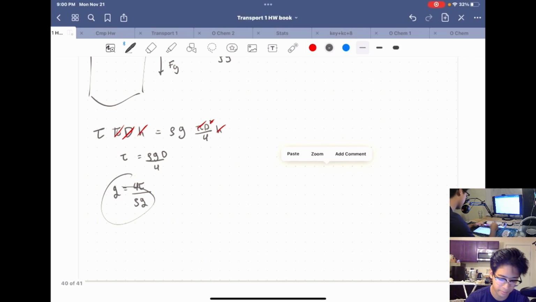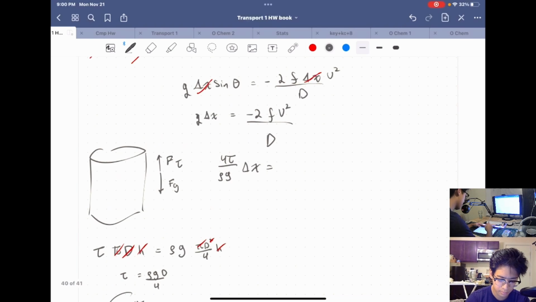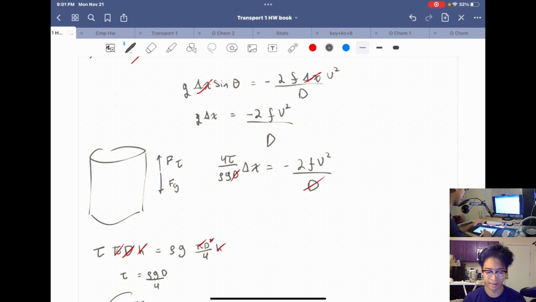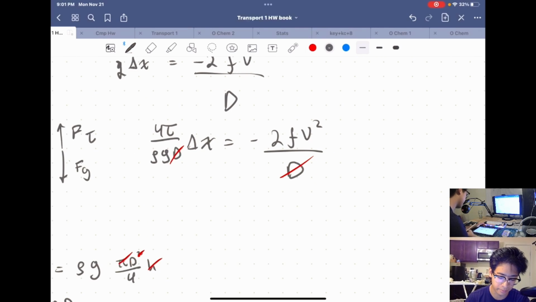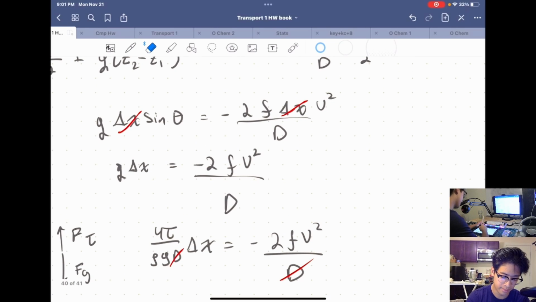I'm missing a diameter, the diameter should go in the denominator, because I would like diameter to cancel out. That's what I like to see. Did I accidentally leave delta x in here? I did. We canceled it out, so it should not be there.